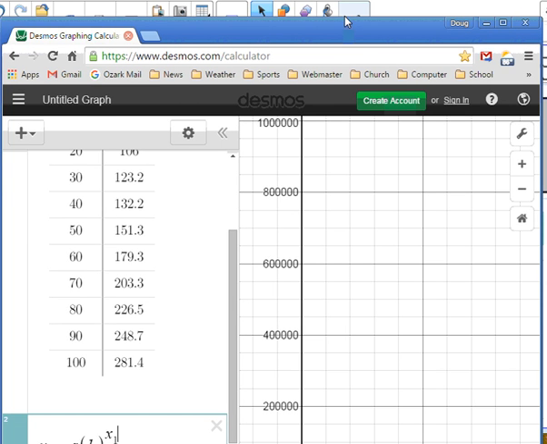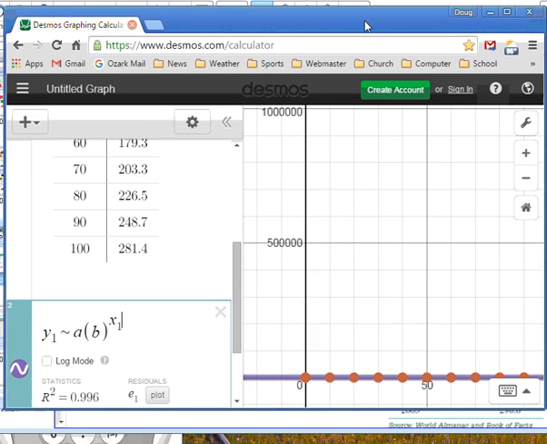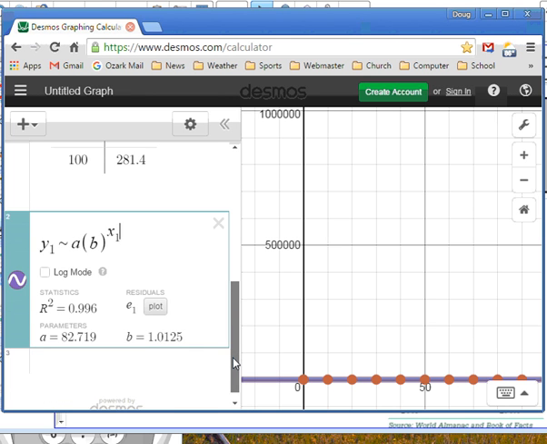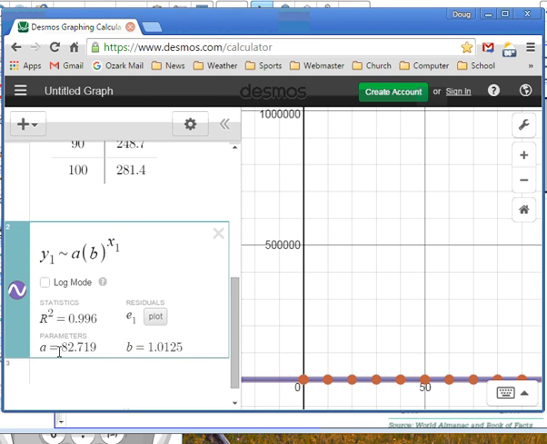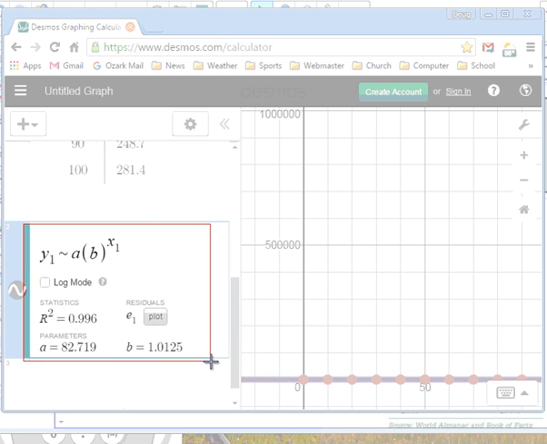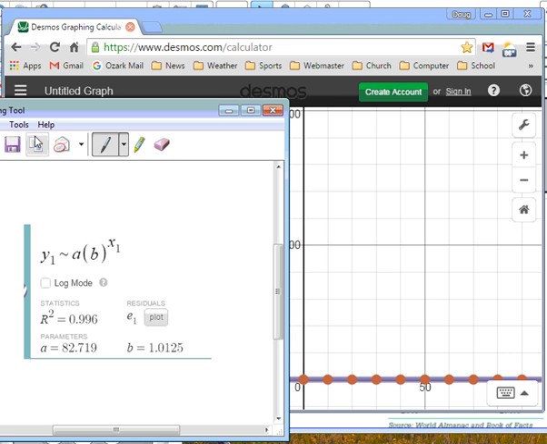So what it has done is it's going to take what I have told it, and it will tell me the values that make it fit. There's my A value. There's my B value right over here. So I'm going to capture that a minute. So I have my equation, and it also tells me some other things, but I'll capture that.